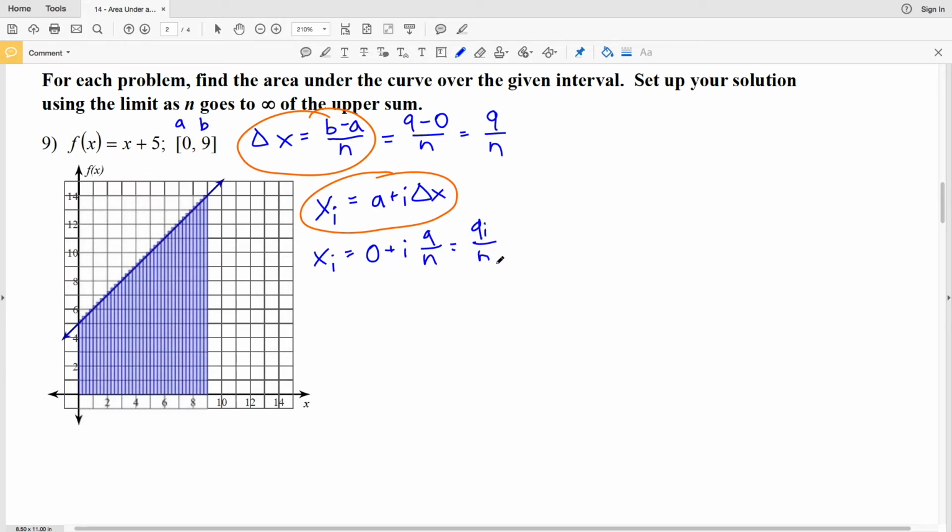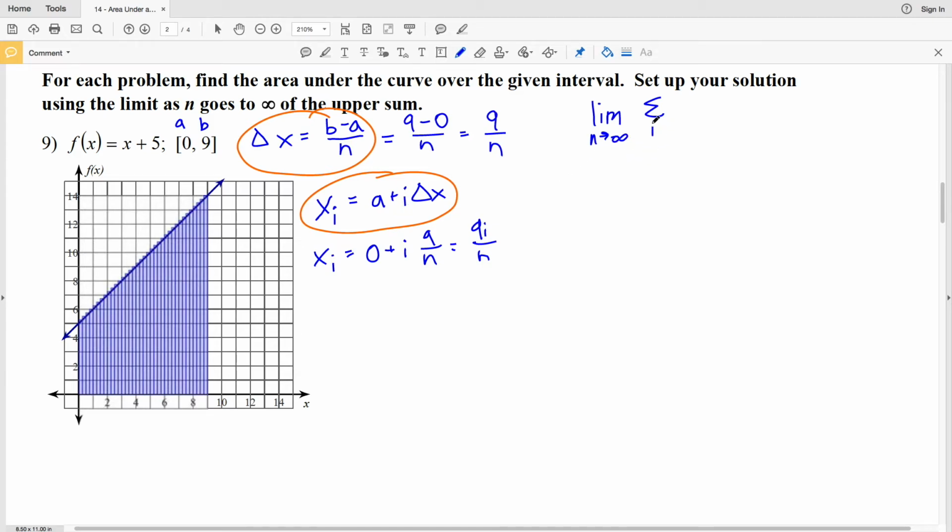Now we're going to use each of these values in this next formula. This is the limit as n approaches infinity, because we're using the limit as n goes to infinity of that upper sum. So from the summation of, now as opposed to using k equals 1, I use the variable i.